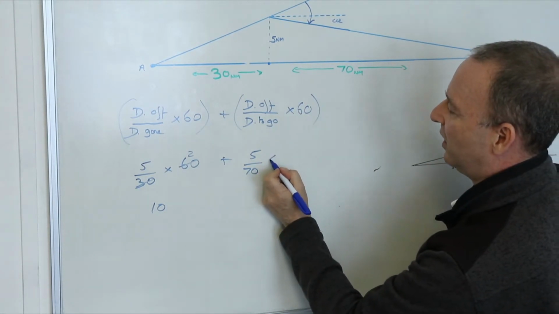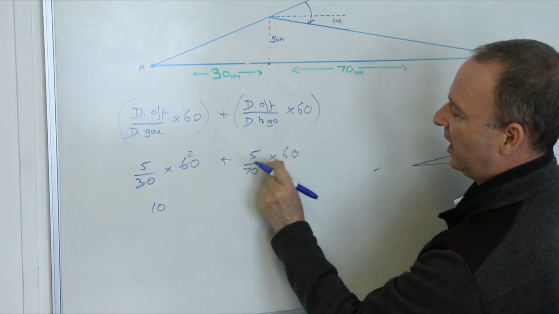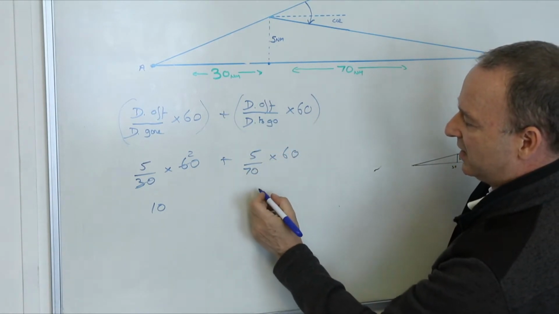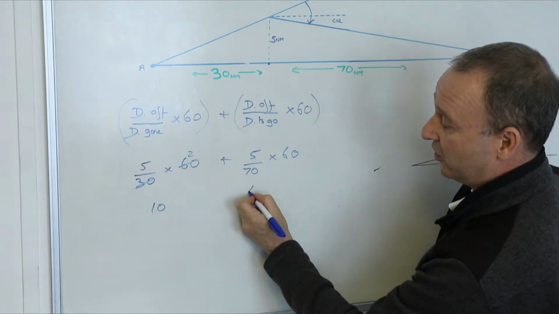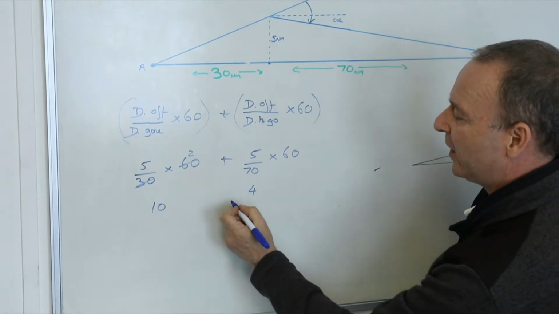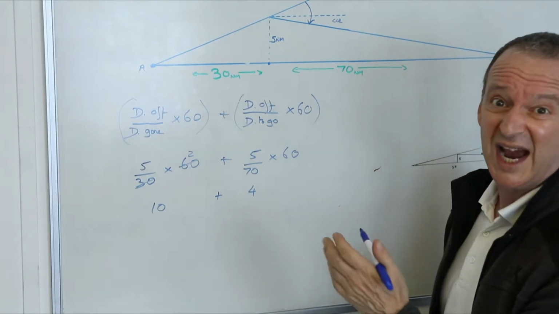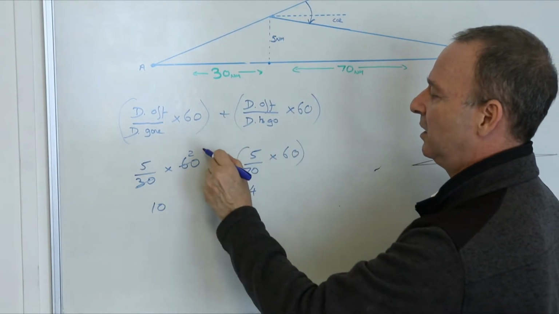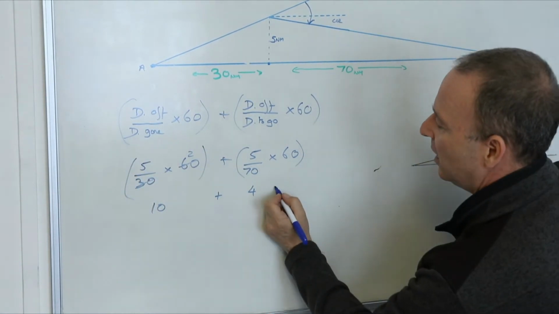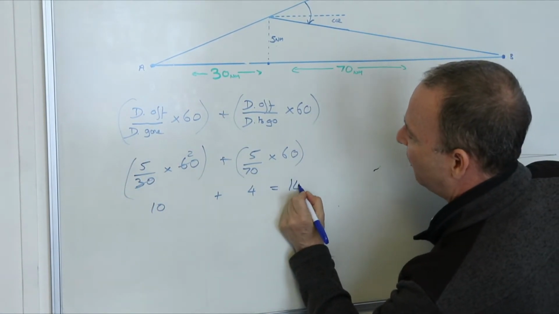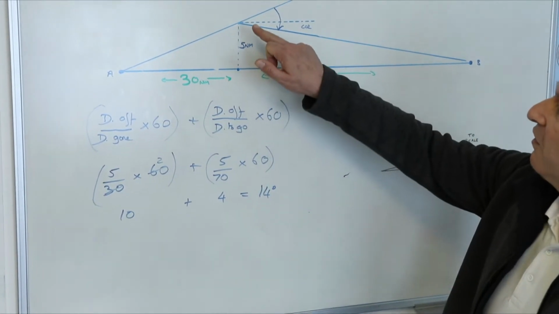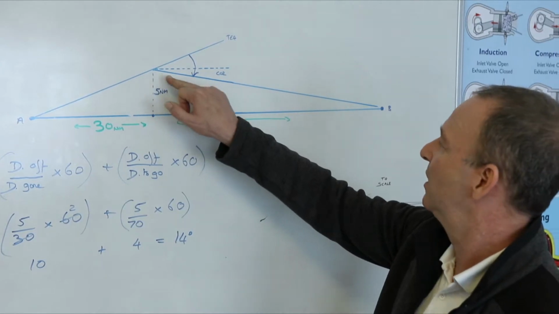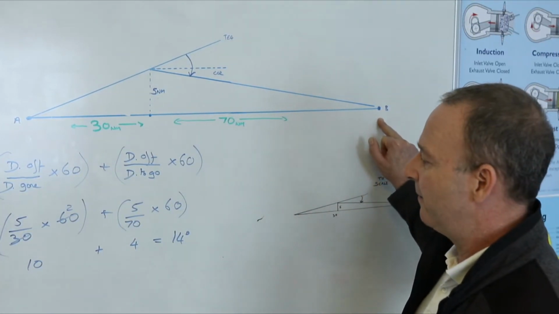So we multiply that by 60, and we can see that's about 4 degrees, it's a bit more. We can use a calculator during the exam, so don't worry about doing that as mental arithmetic. The answer is 14 degrees. So from this point here, we need to turn right by 14 degrees in order to get to B.